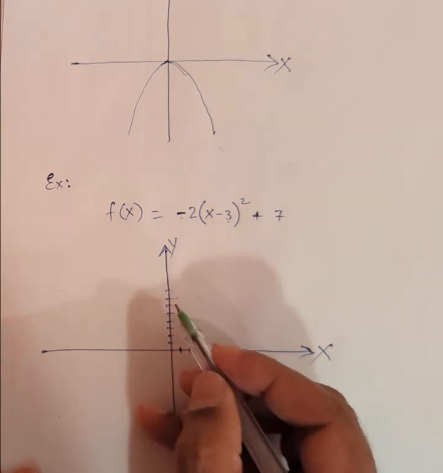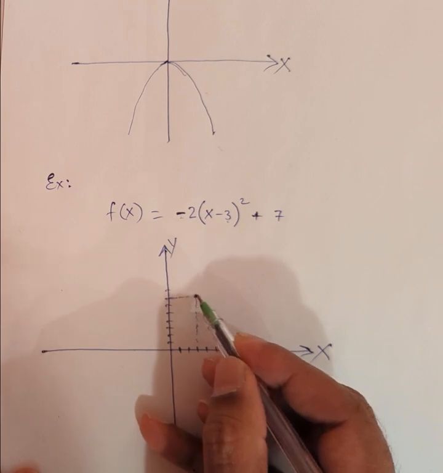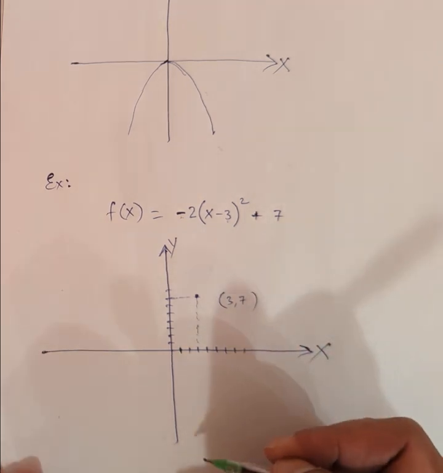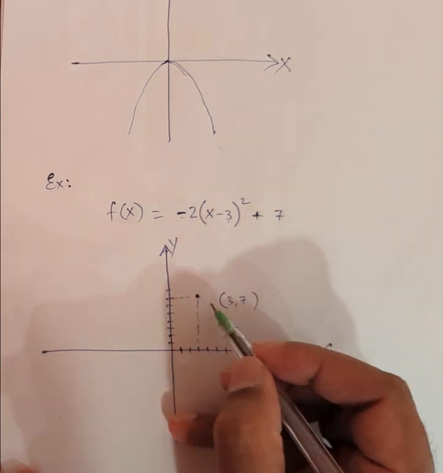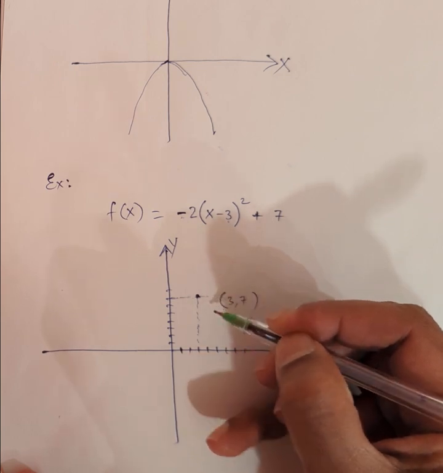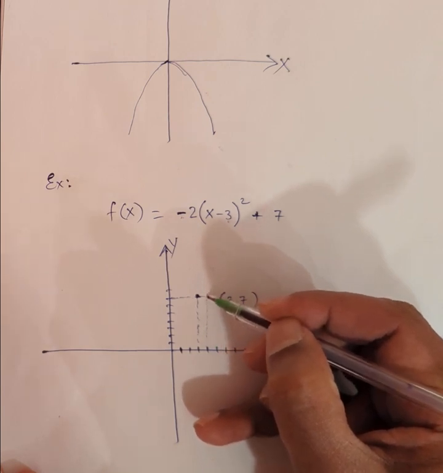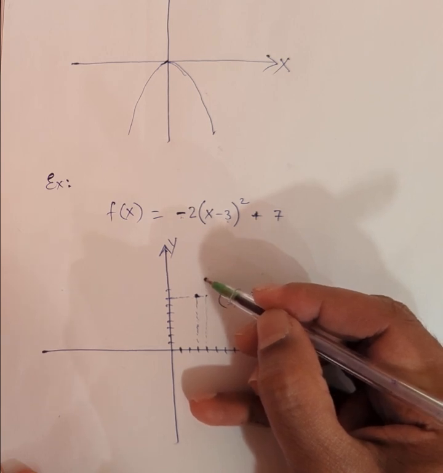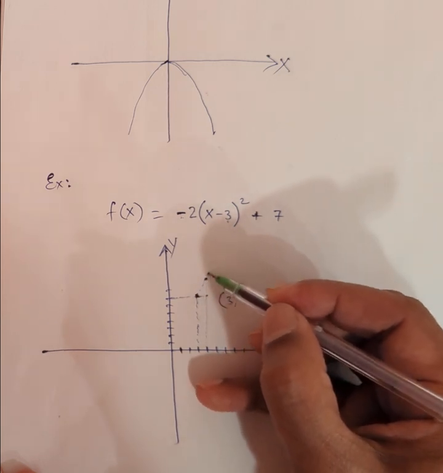So that's my vertex, 3, 7. And now the vertical stretch is 2, which means if I go 1 unit to the right, then I'll have to go up 2 units. So 1 unit to the right means the x value is 4, and 2 up means this is going to be 4, 9.